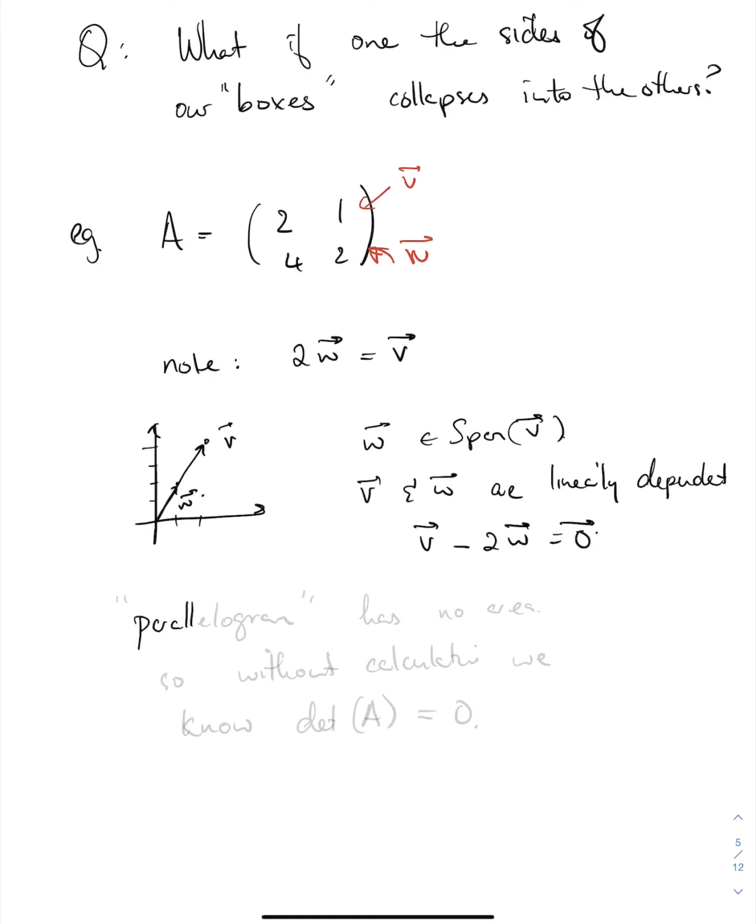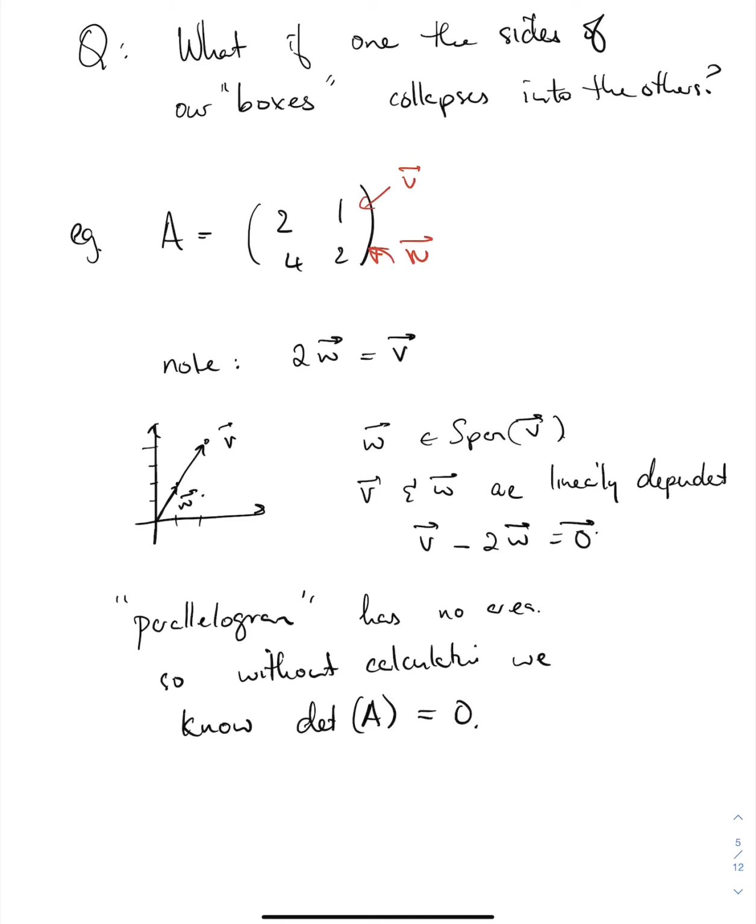The parallelogram defined by these two vectors has no area. So even without calculation, we know that the determinant of A should be 0.